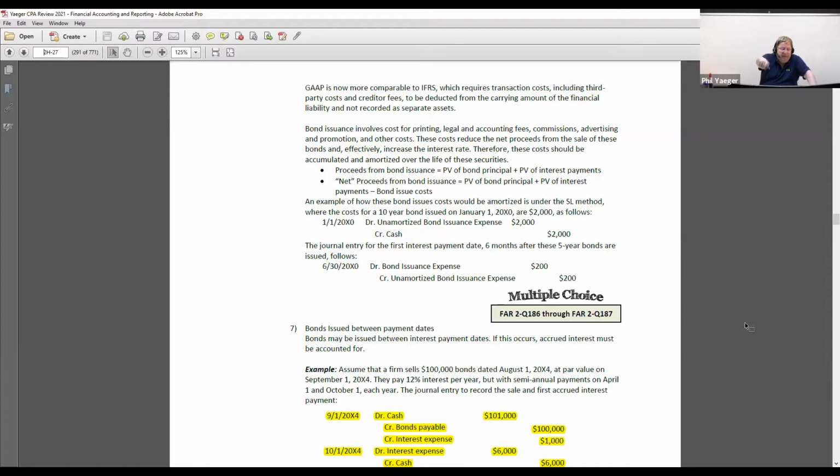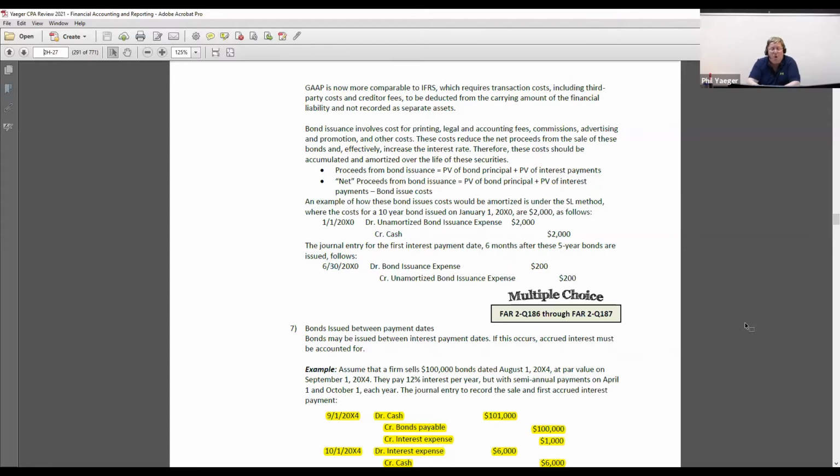If they issue the bonds 5 months after, they're not going to amortize the 2,000 over 60 months. They're going to amortize it over 55 months. They only amortize it for the number of months from the date of the bond contract to the date they actually have to pay it off.